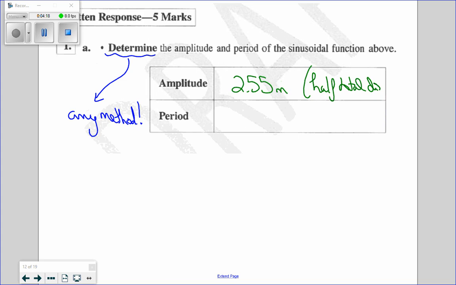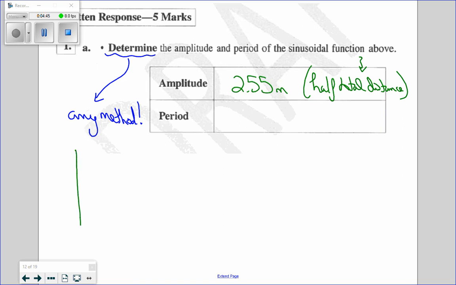Now, I would actually write this in because if you accidentally screw up the 5.5, if they know that you know what it means, if they know that you know that amplitude is half the total distance, you can possibly get a 0.5 for that. So even if you get the 2.55 wrong, you'll get credit for understanding that it's half the total distance.